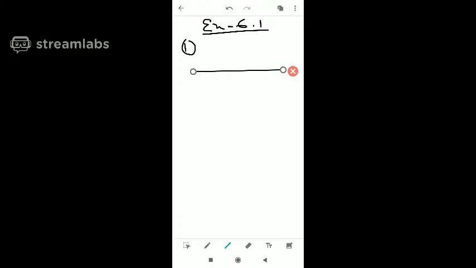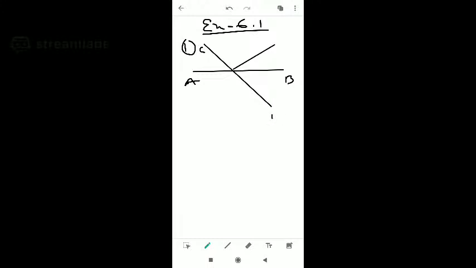One line is given like this, a straight line, then another one like this, and then one line here. And naming has to be given. This one is A, B. Arrowheads are there, but I'm not drawing them.